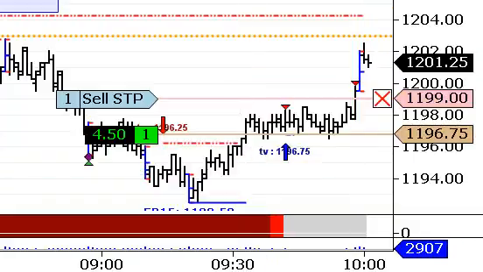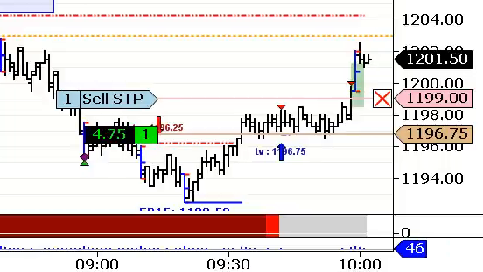Okay, a little bit better scaling here now. So we've got our stop right here at 99 even. We're long from 96.75. So we've locked in 2.25 points on this final partial. That's nice.